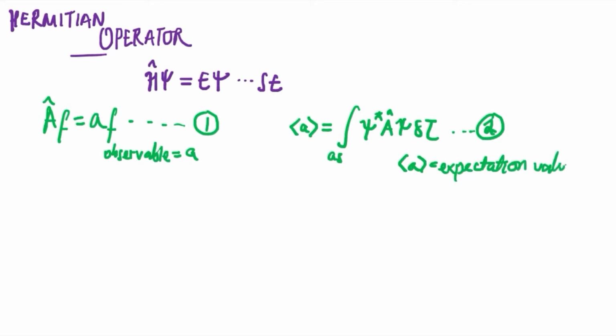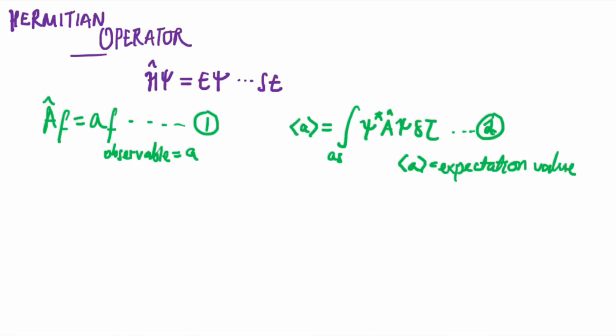Once we have these two understandings, we can compare and play around with both of them to extract the Hermitian operator. The Hermitian operator depends on your operator specifically.